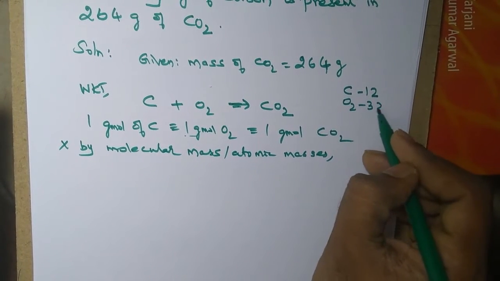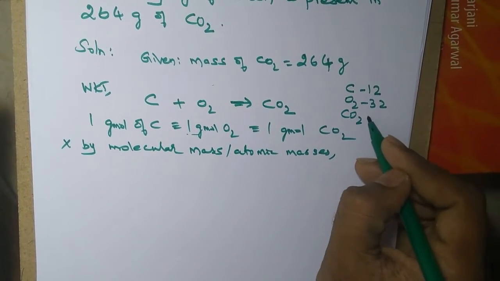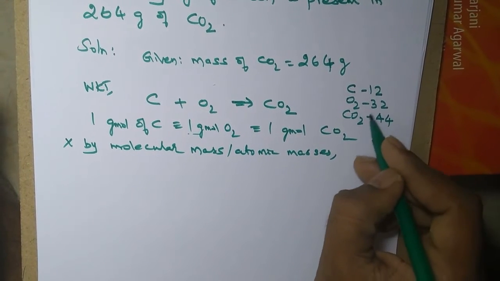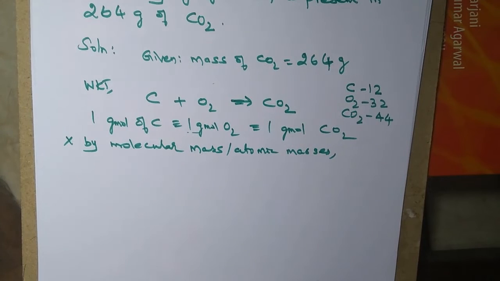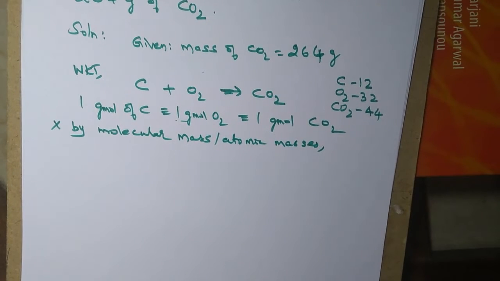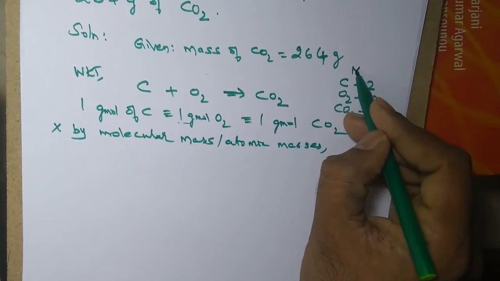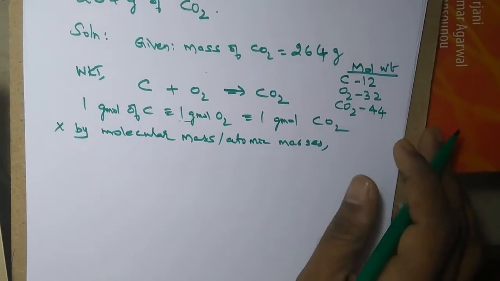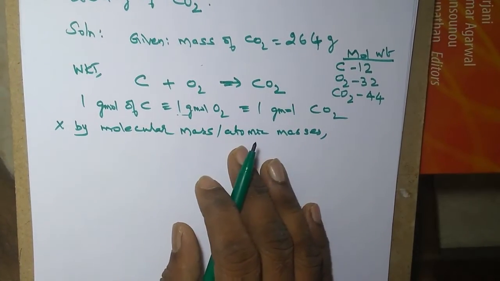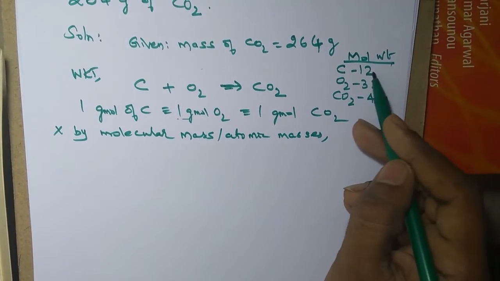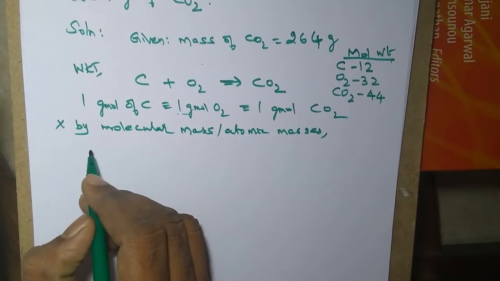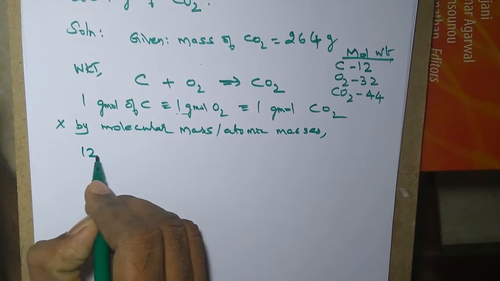Carbon is 12, oxygen O2 is 32, so CO2 is 32 plus 12, which is 44. The molecular weight of carbon dioxide is 44 kg per kilomole, or gram per gram mole.